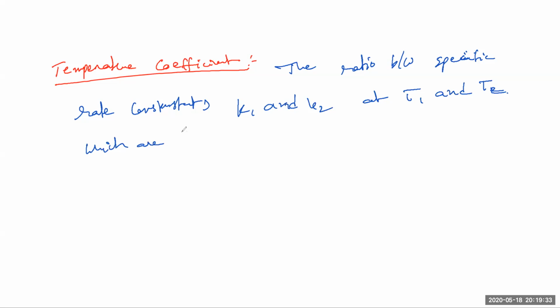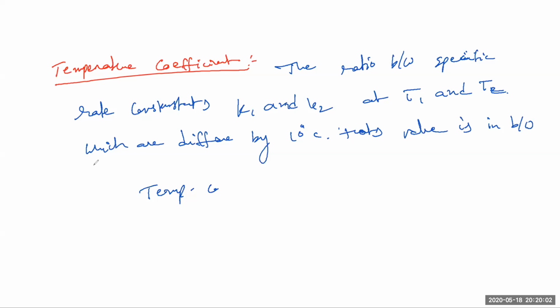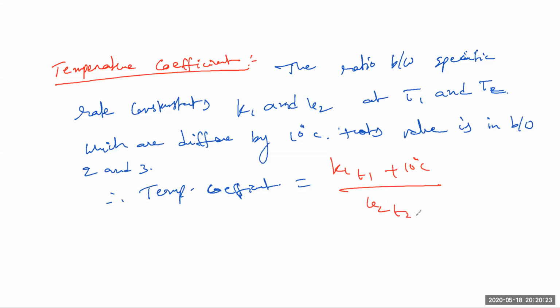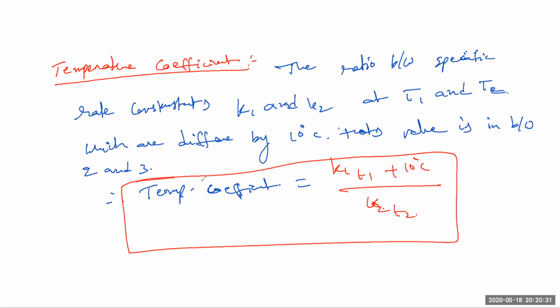Its value is in between 2 and 3. Therefore, the temperature coefficient is equal to K at T plus 10 degrees centigrade divided by K at T. This is the temperature coefficient formula.